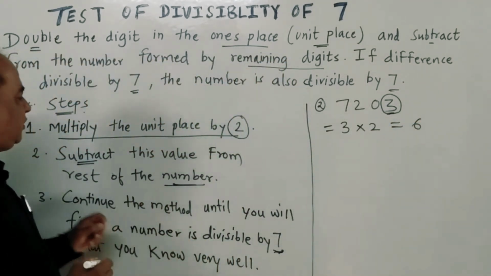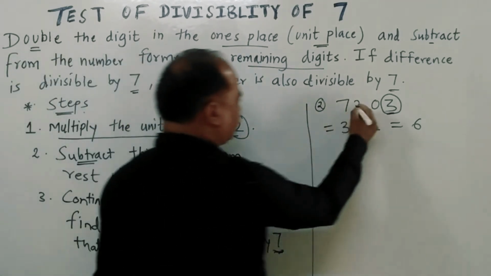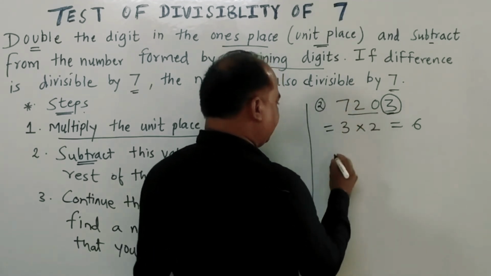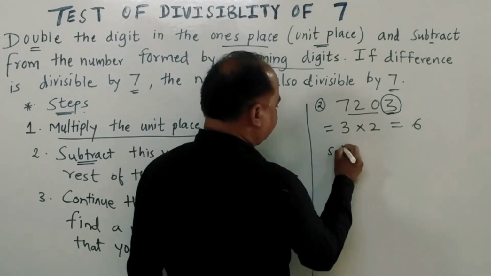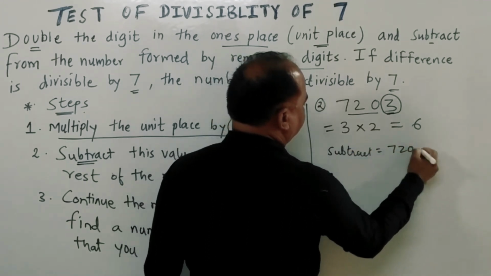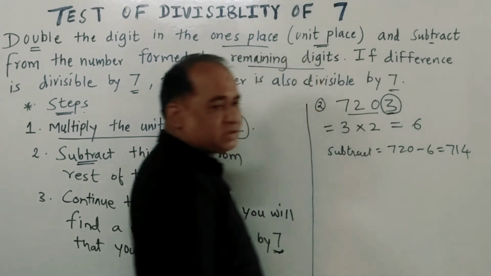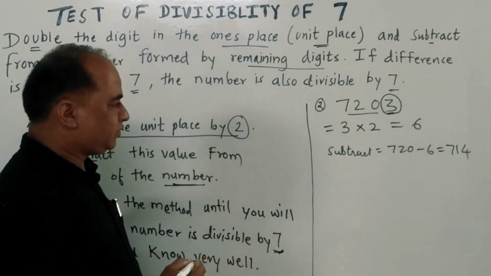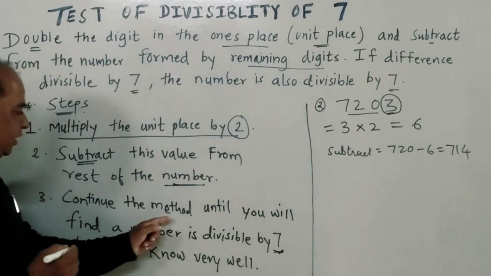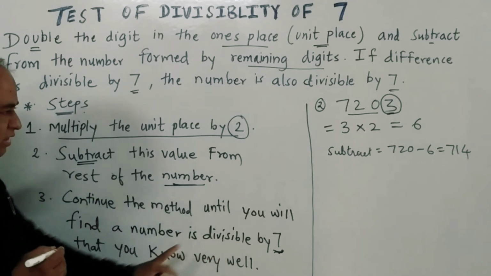Now we have to subtract this 6 from the rest of the number, 720. So 720 minus 6 is equal to 714.